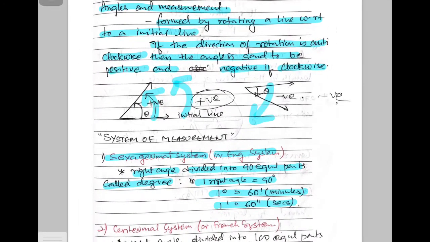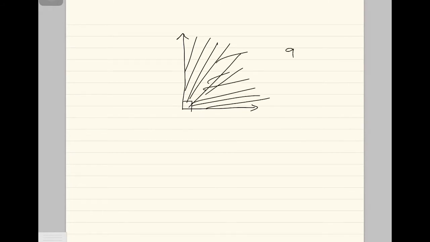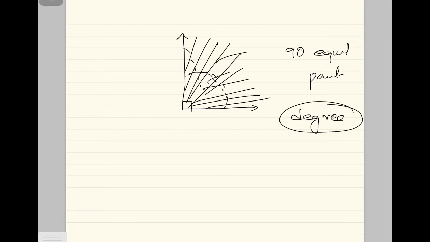According to the book, we divide this into 90 equal parts. 1, 2, 3, 4, 5, 6, and so on, 90 equal parts, and each of these parts is called what, everyone? Degree. The notation, you know it, a small zero, like 5 degrees, 6 degrees, we write it like this.